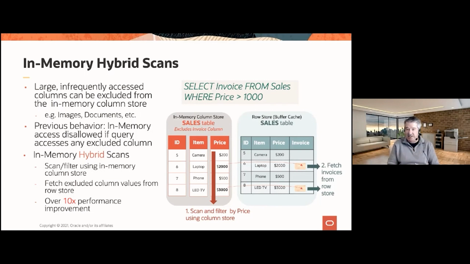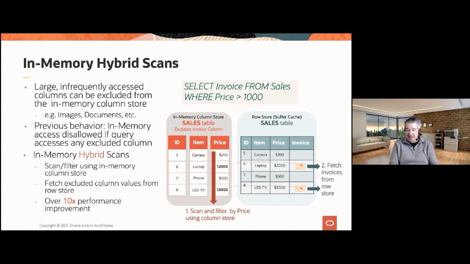So in this case, say you exclude invoice, and then you try to select invoice from sales. We can't do an in-memory query based on the price and just go pick those values up. With in-memory hybrid scans in 21C, we can, which is really kind of cool. And it shows up in the execution plan, so you'll see that you were able to use a hybrid scan.